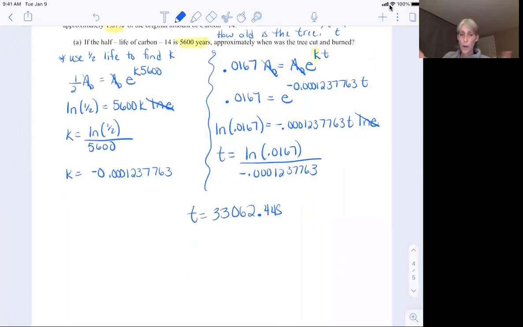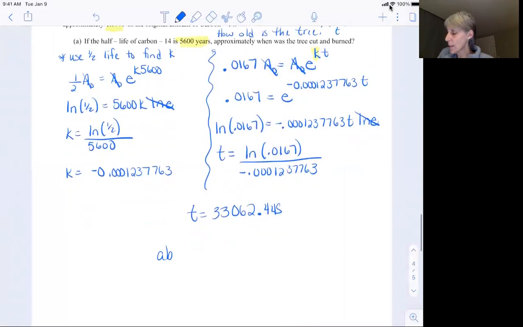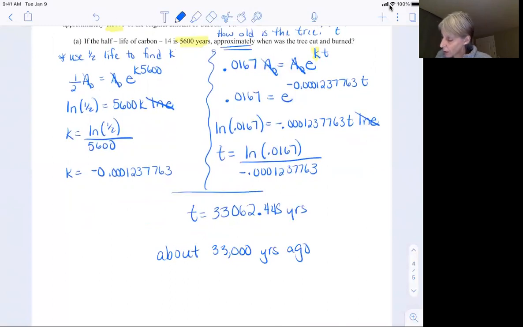So you can approximate to about 33,000 years ago, because it says approximately when was the tree cut. However, if you don't want to round, if you want to give me the exact answer you get rounded to 3 decimal places, that is absolutely fine.